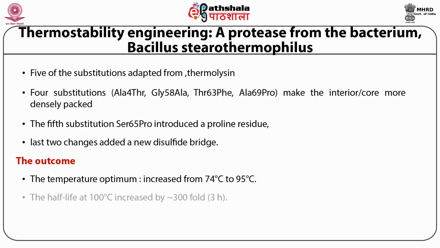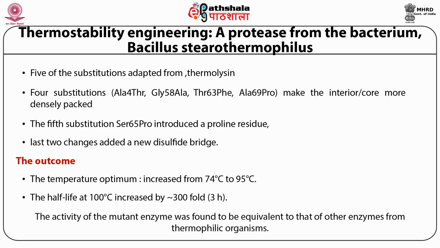Along with that, the half-life of that protein could be increased 300 fold at 100 degrees Celsius. So this is a very good example to see that genetic level modifications in a protein can inculcate more thermostability in an enzyme.